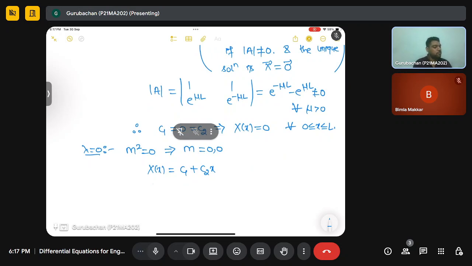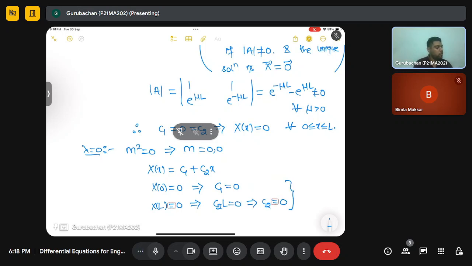So X of 0 is 0 will imply your c1 to be 0. Next, X of l is 0 will imply c2 l is 0, and since l is non-zero, c2 is 0.